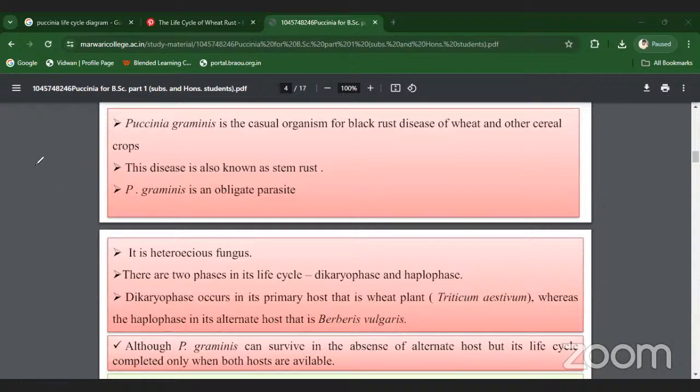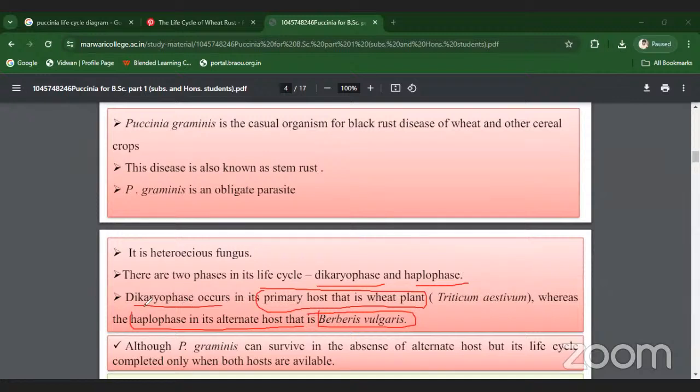One dikaryotic phase and haplophase. I will explain these two later. So the dikaryotic phase occurs in the primary host. Already told you, the primary host is the wheat plant, Triticum aestivum. Whereas the haplophase is in the alternate host, that is called Berberis vulgaris.